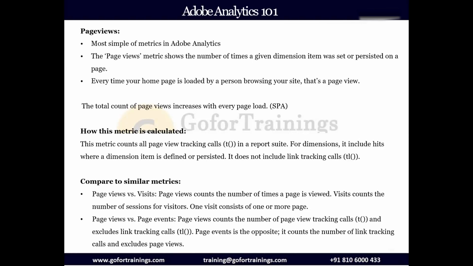Again, it depends on how the client wants to call it a page view. Do they want every tab on the website to be a new page view? Then you have to do the implementation accordingly. I'll tell you how to implement that. The implementation is a bit different for SPAs compared to a normal website for page views.